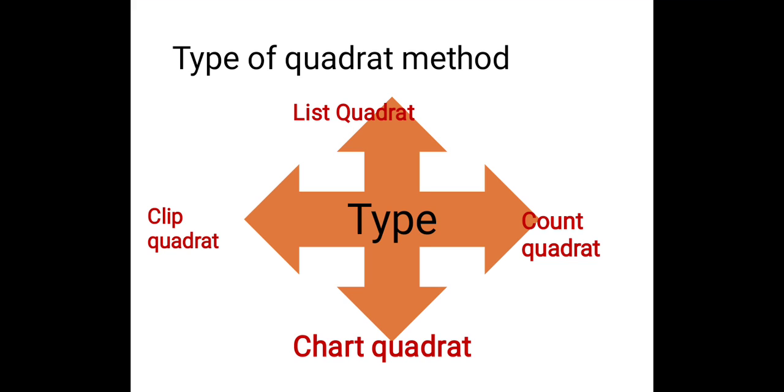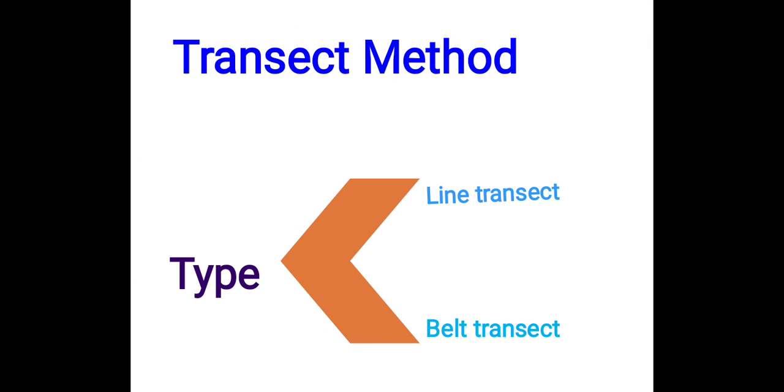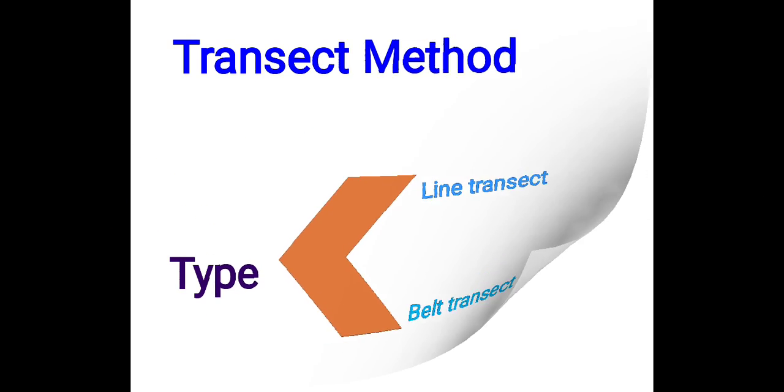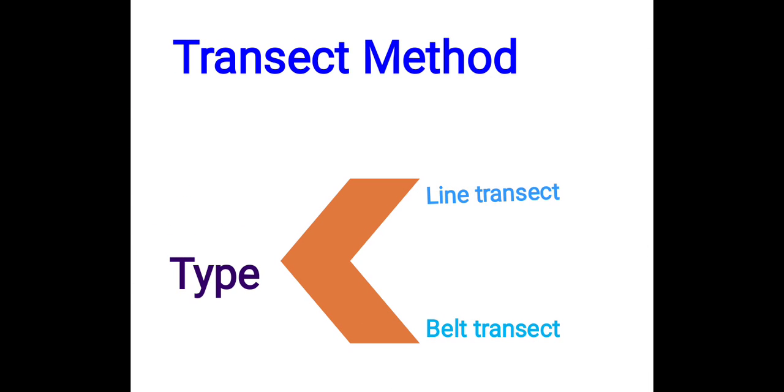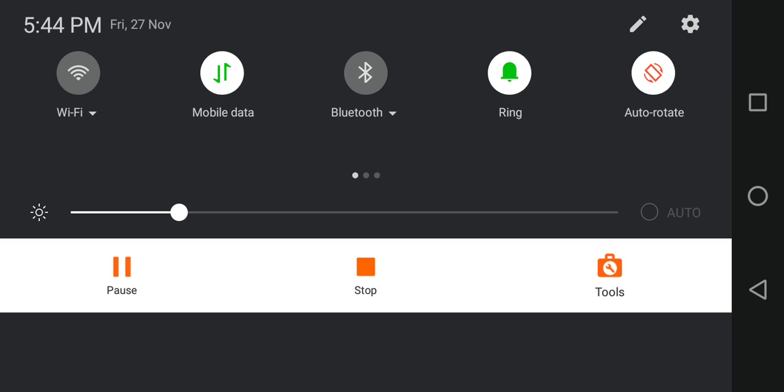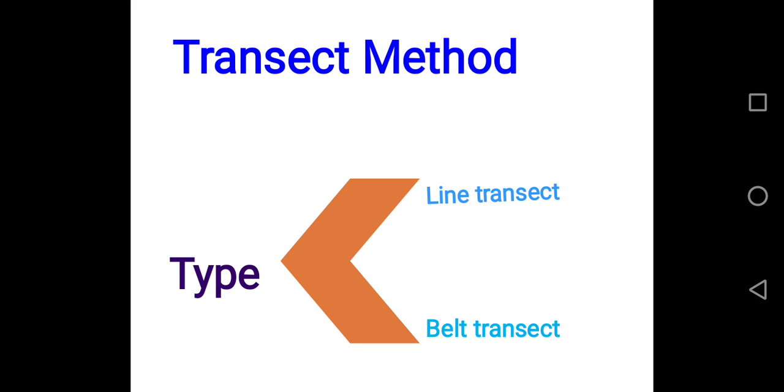Now we will see the next method, which is the transect method. A transect is a sampling strip extended across the stand or several stands of vegetation, where a line is the sampling unit. The transect is a thin line, which is used generally for the study of vegetation in forest or grassland.